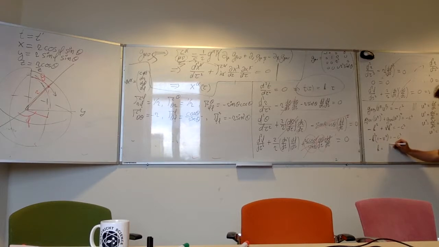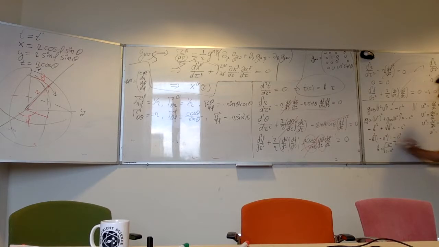So that means that you get c over the square root of 1 minus v squared. Does that look like gamma to you right now? A little bit. Shouldn't c also be squared? Yeah, there's a c.